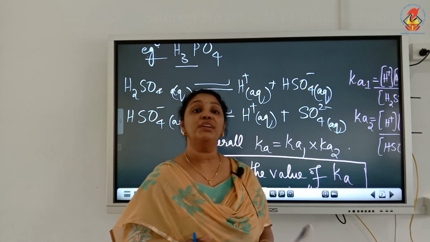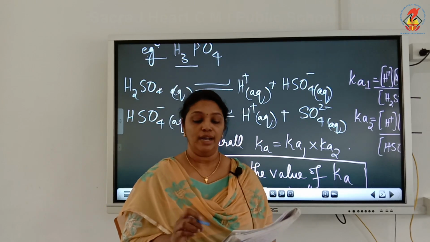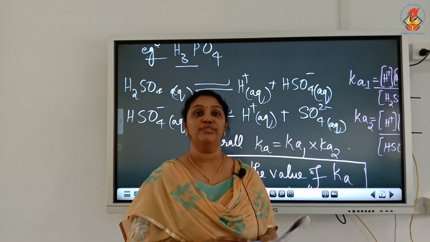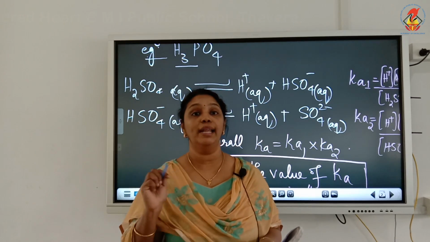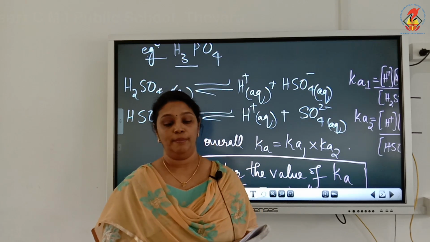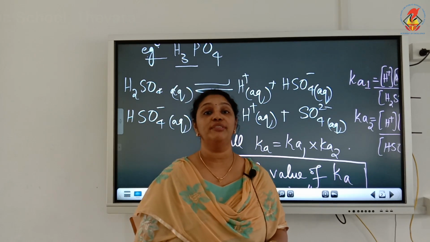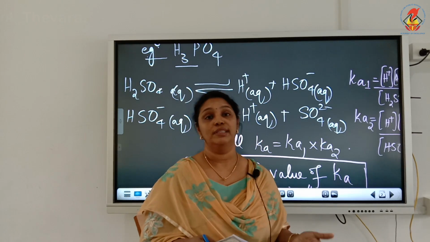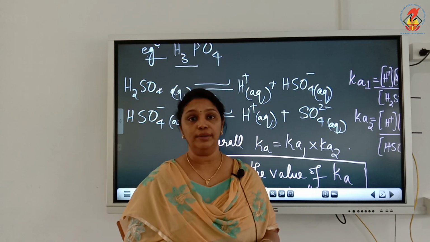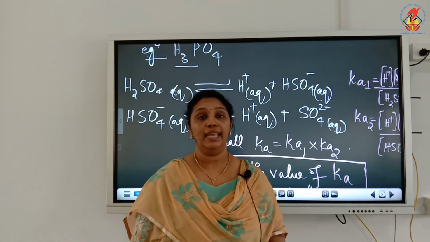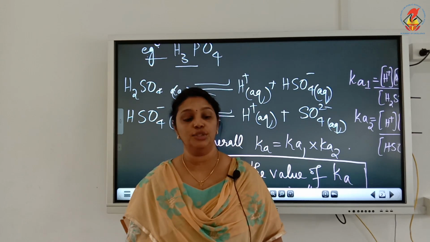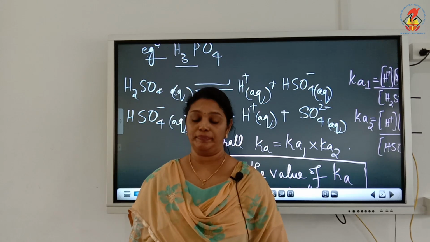So it's more difficult to remove a positively charged proton from a negative ion due to electrostatic forces. And the greater the charge of the negative ion, the more difficult it is to remove the H plus ion. So always we have Ka1 greater than Ka2, greater than Ka3, and so on.